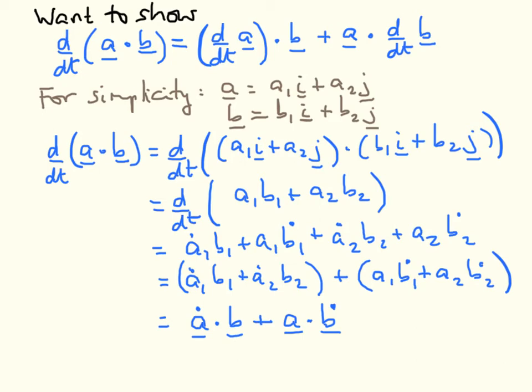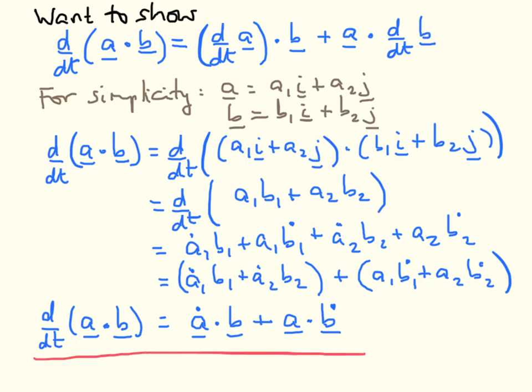Here, I need the dot. So the derivative of a dot b is equal to, from the product rule, the derivative of one of the vectors dotted into the other plus the vector scalar product of that with the derivative of the second vector.